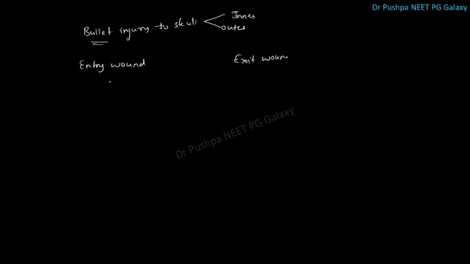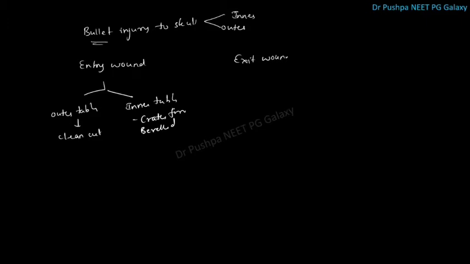In case of entry wound, the bullet will first affect the outer table. The outer table injury will be clean cut, and in the inner table there will be crater formation or beveled edge.